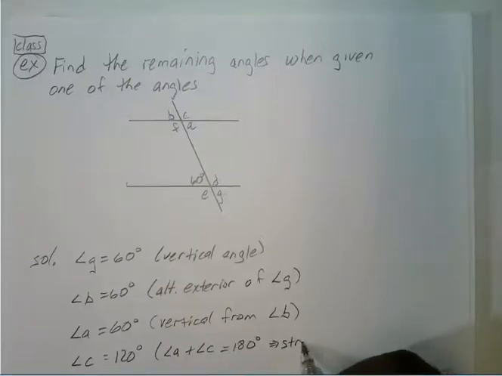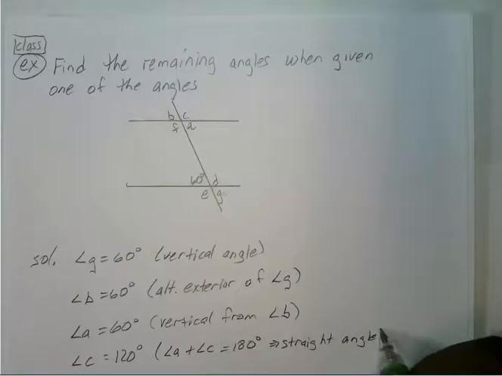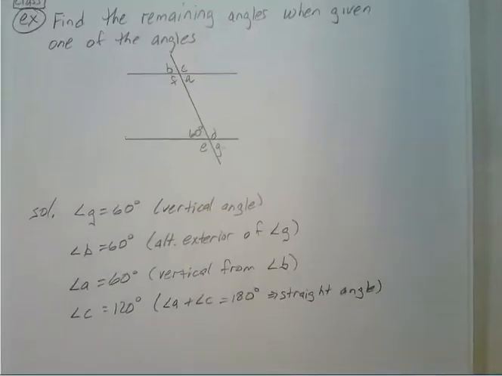Remember, that's a straight angle. We know that angle A is 60 degrees, so 60 degrees plus 120 degrees is 180 degrees.